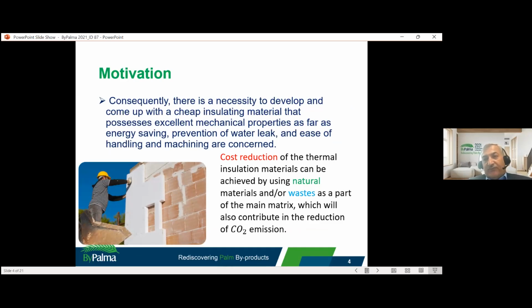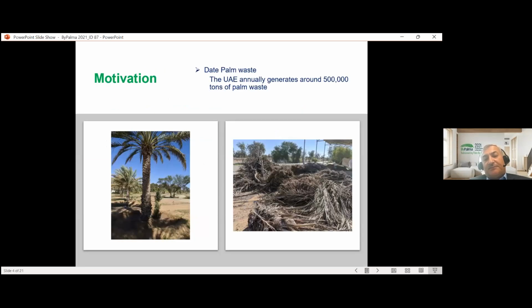Of course, if you utilize such natural resources or natural waste that we have, this will have two advantages or impacts: a reduction of CO2 emission, and in addition it is possible to reduce the cost of these materials. As you know, in the UAE we have a lot of date palm trees.